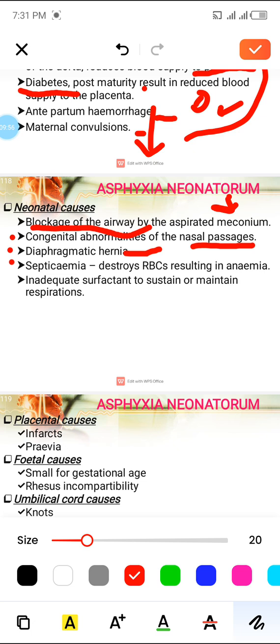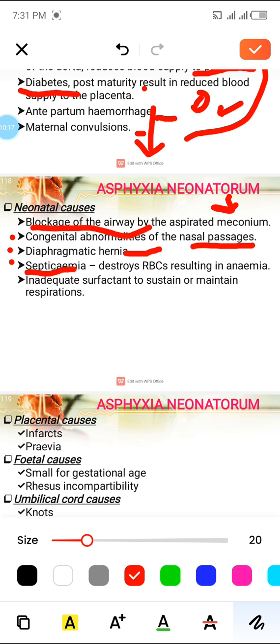The fourth point is septicemia. When we look at septicemia, we go back to microbiology. Sepsis means infection, and emia means blood, so septicemia is infection of the blood.